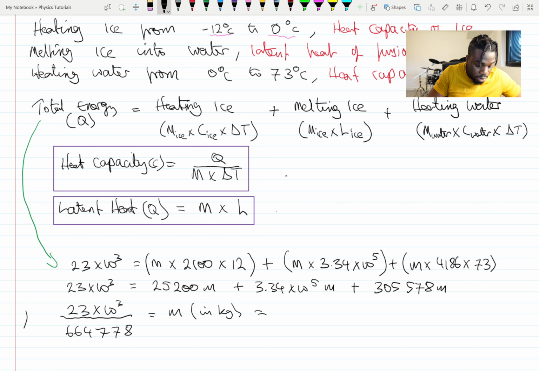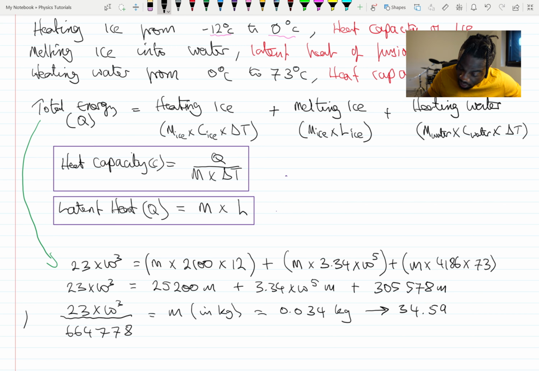So 23 times 10 to the 3 divided by 6,64778. That gives us 0.034 kilograms, which is equal to 34.59 grams as our final answer.